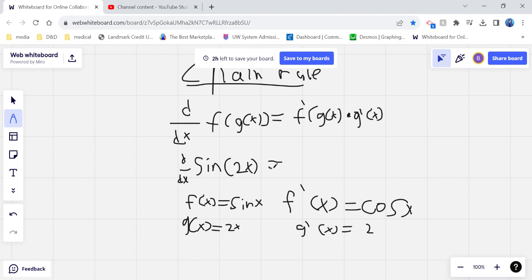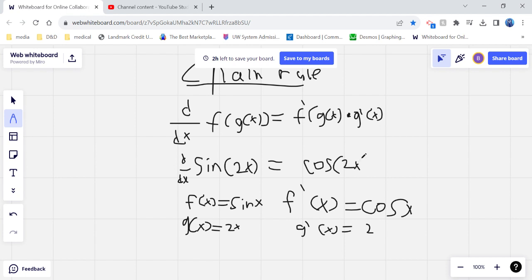So according to our fun little friend here, chain rule, the derivative of sine 2x would equal the derivative of the outer function with the inner function left intact inside it.